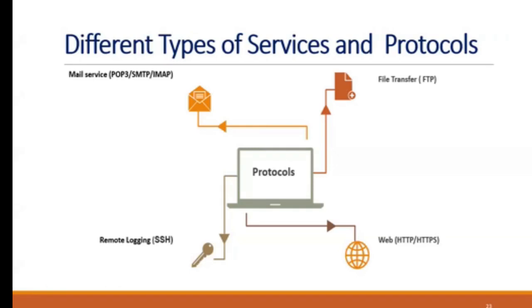We call it FTP, file transfer protocol. And for mail services, like I said earlier, we use POP3, SMTP, IMAP. And for remote login, we use a different protocol which is called SSH, the remote login protocol. So these are the different types of services, and under those services, these are the protocols we use.